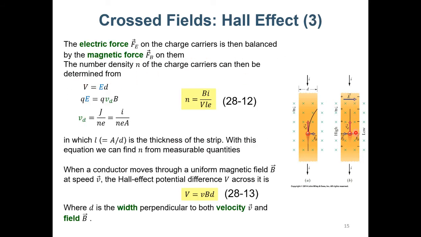So in this case, we call this voltage difference from the left side to the right side V, and it equals E times d. This is a formula in chapter 24. So for the point, if F_E equals F_B, F_E should be qE, and then F_B should be q v_d B.